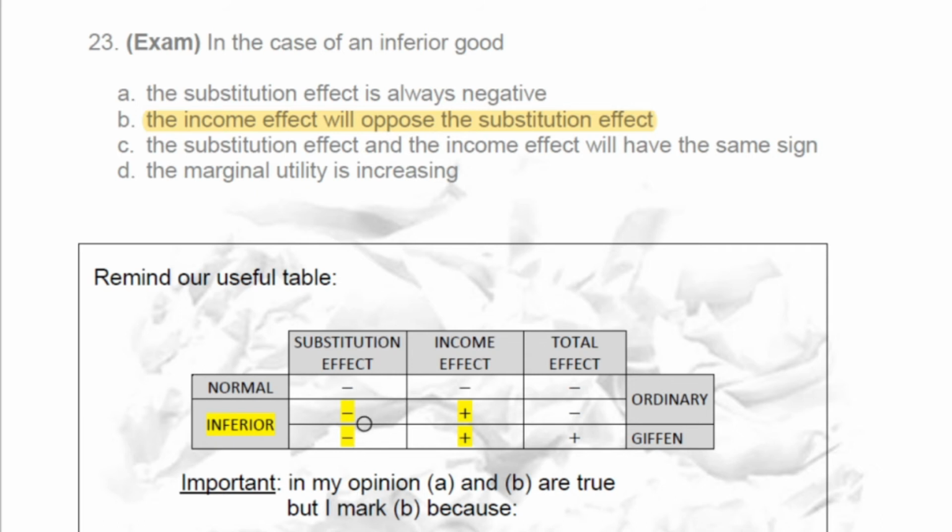As I tell you in my classes, you can take a look at the Varian book, and you can see that the substitution effect is negative. So the correct one for me is A and B, but I mark B for your exam.